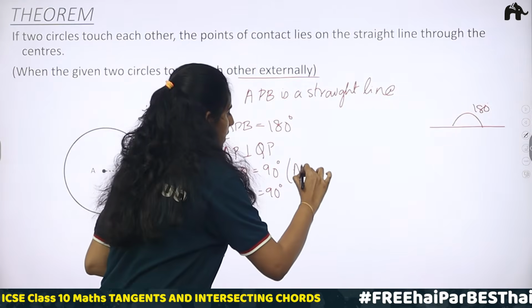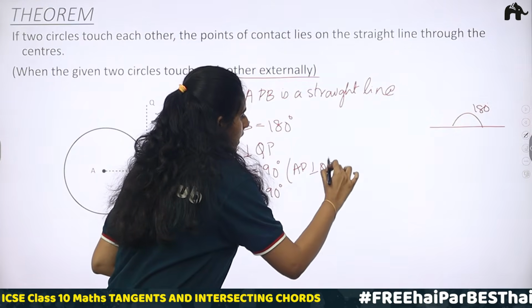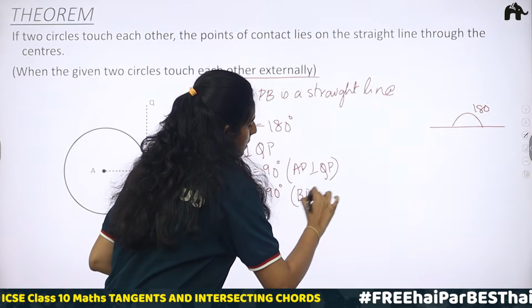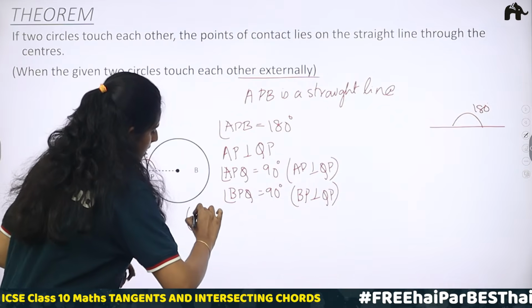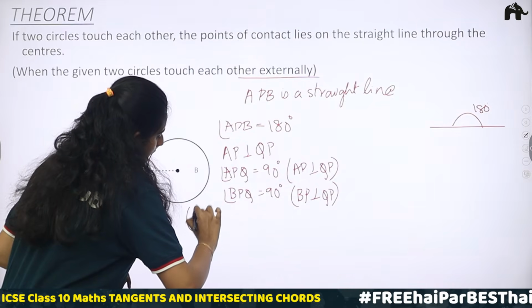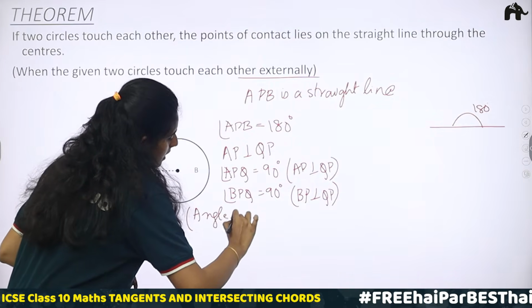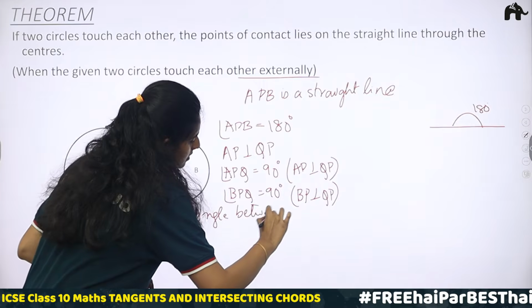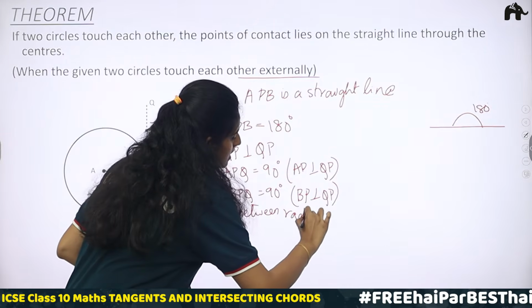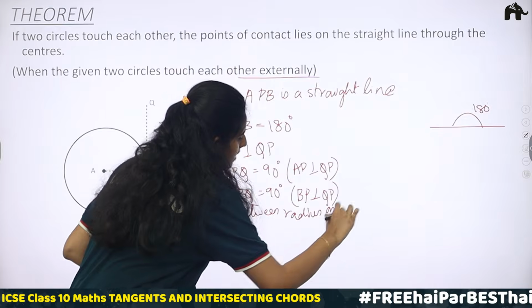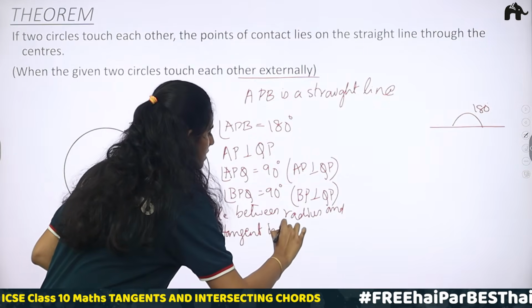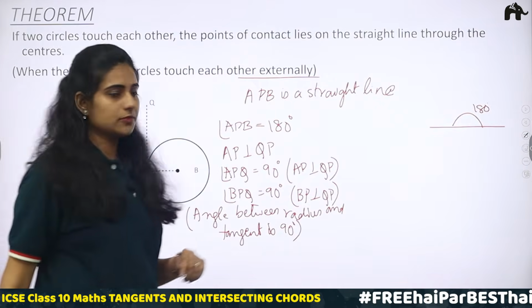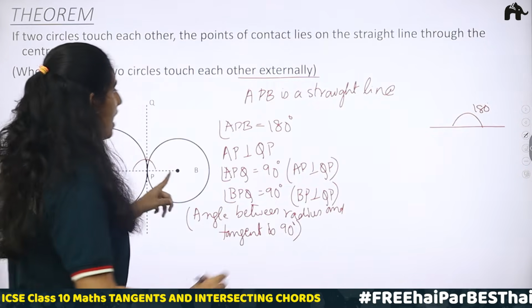Here AP is perpendicular to QP and here BP is perpendicular to QP. The angle between radius and tangent is 90 degrees.